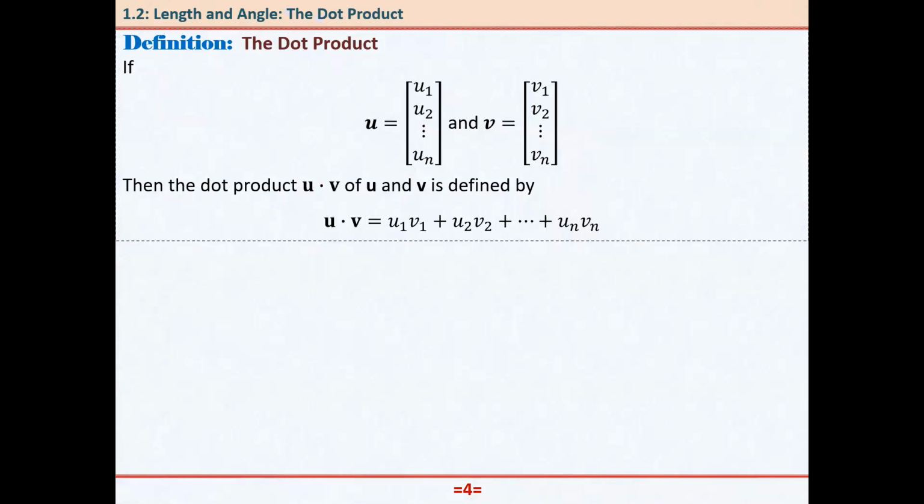Here, we are given two vectors, u and v. Now we are just considering the general case. That means vector u and vector v are from n-dimensional space, so they are specified by n components.